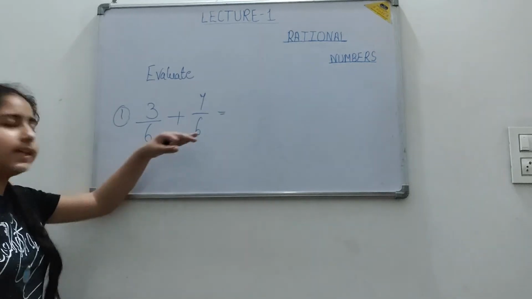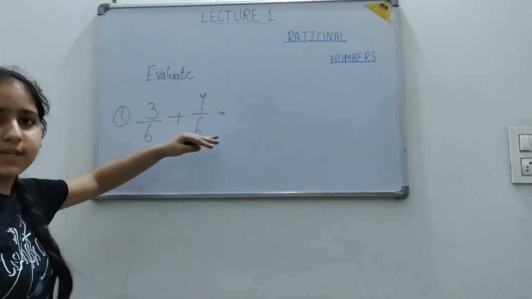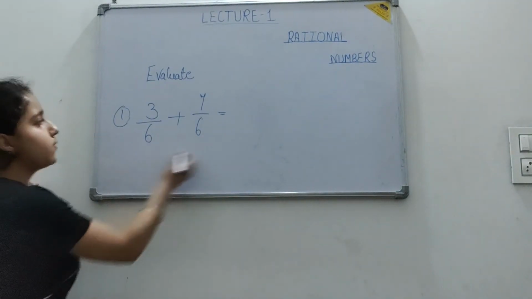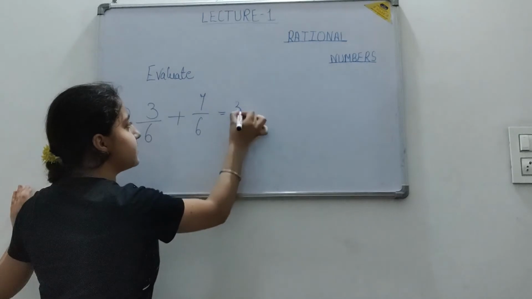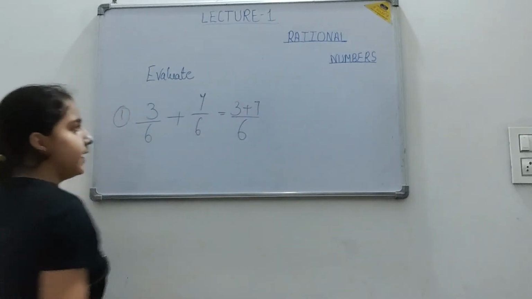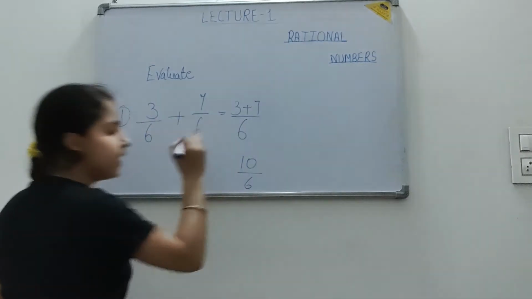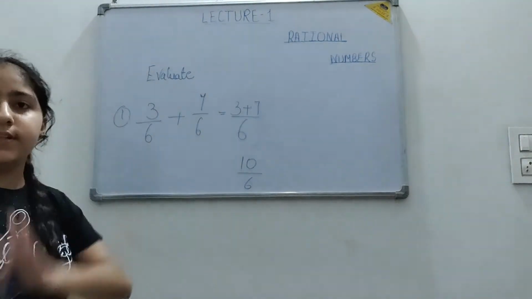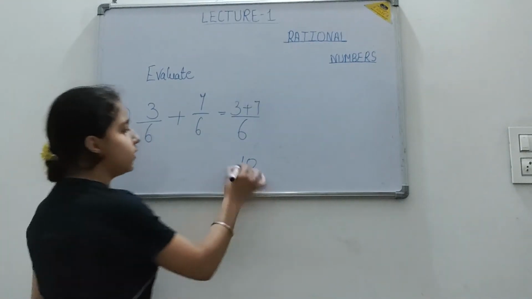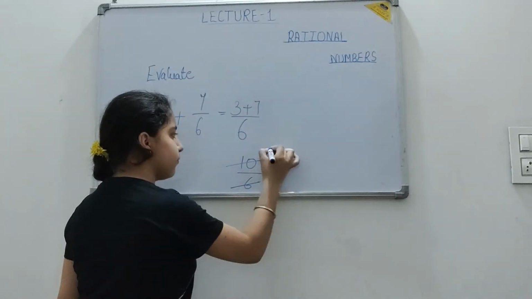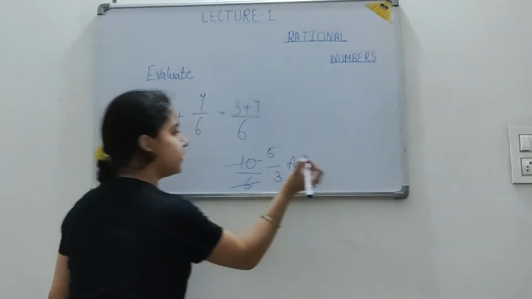You take the LCM of the denominators, but in this case both are the same, so it will be 6 only. Then we write 3 plus 7 and add these, which gives 10 over 6. Because both are even numbers and come in the same table, we do the cutting here. So 5 over 3 is the final answer.